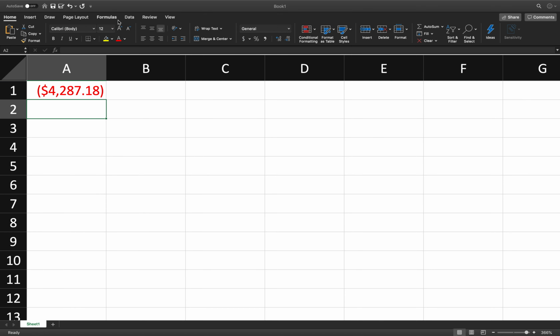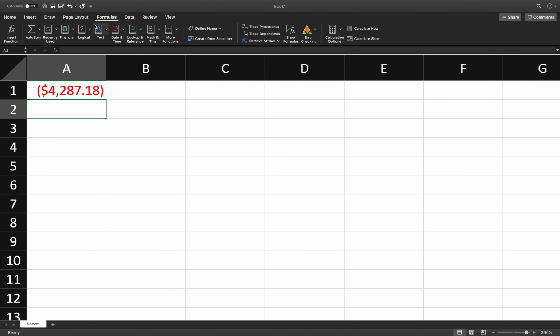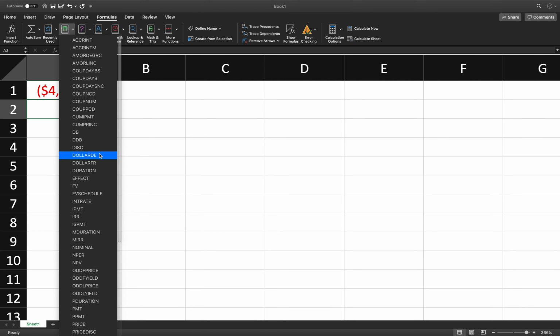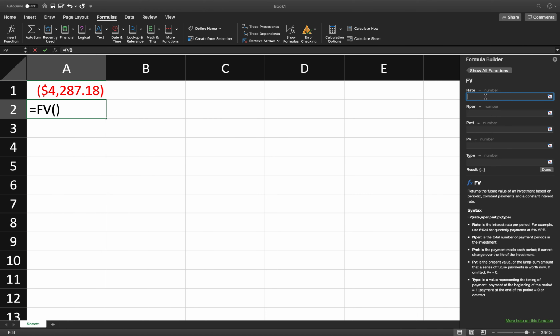In Excel, you can go to Formulas, click on the arrow next to Financial, and go down to future value. It's basically the same thing: you put 0.1, 8 periods, and the present value is 2,000.